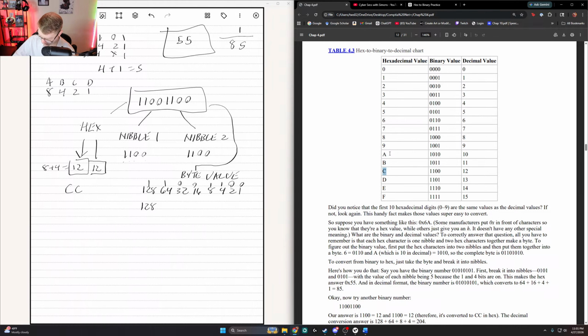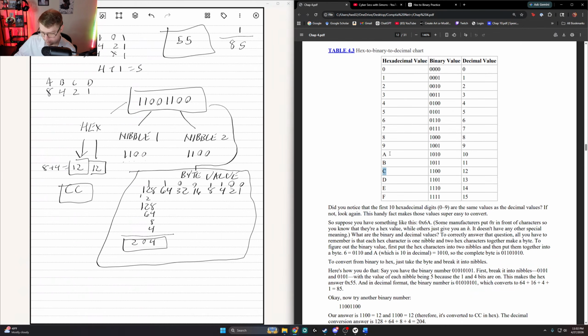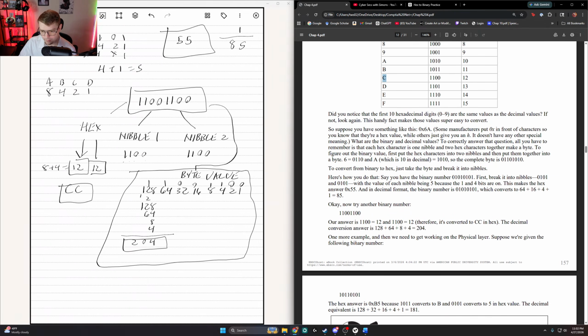So 128 plus 64 plus 8 plus 4. 16 plus 8 is 24, 4 and 2, 0 in there. So 204 would be the value for this if we looked at it as a byte. That's the byte value. And if we were to convert it to hexadecimal by breaking it up into two nibbles, we have C and C. All right.